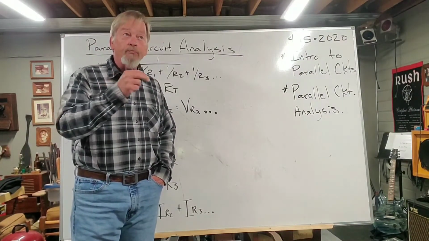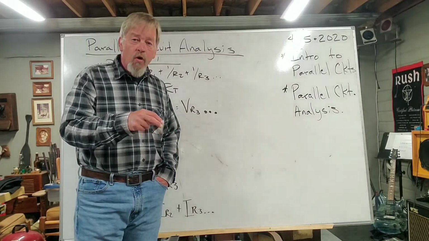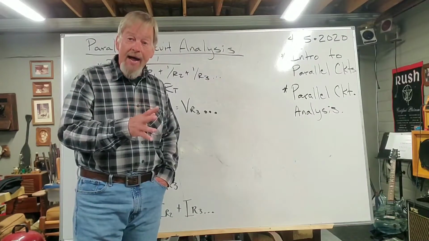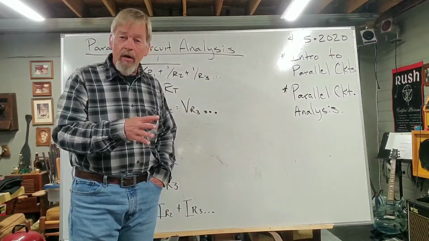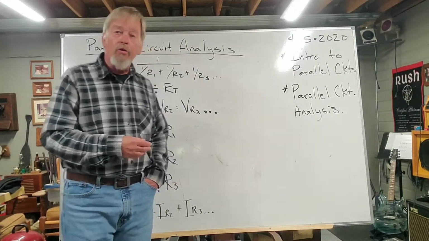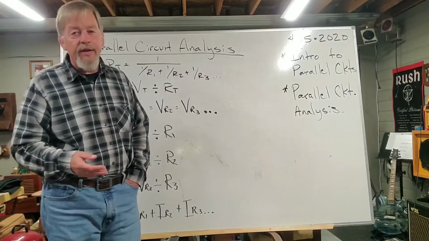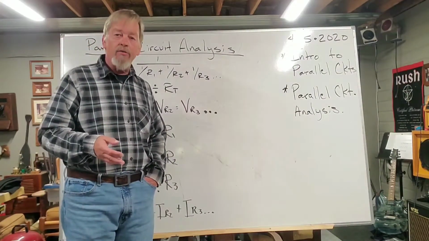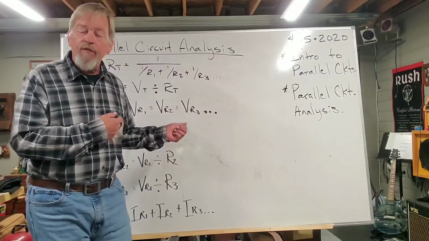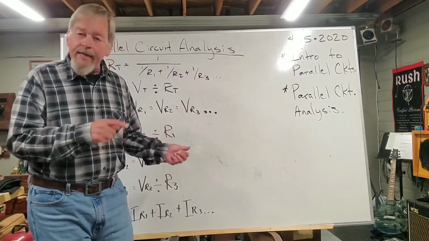So we add up resistance the 1/over way, and then current divides proportionally in a parallel. All the individual currents add back up to their total current, and then voltage stays the same in a parallel circuit. So what we have on the board is just the formulas that say just that.